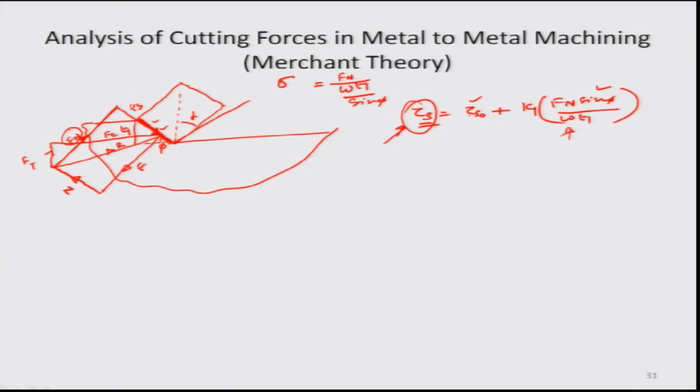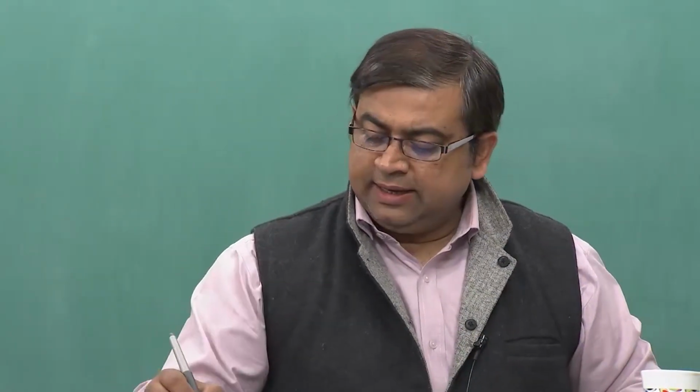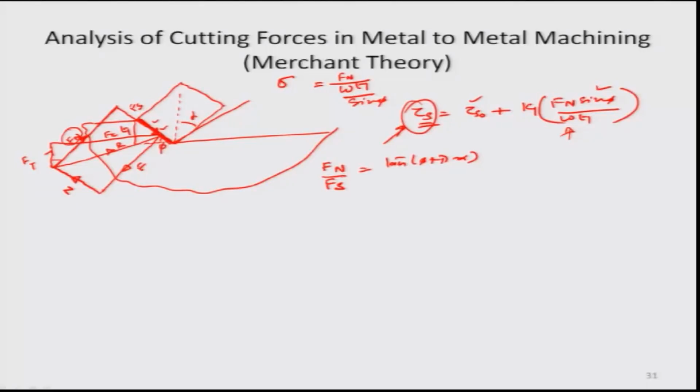So, we already know that we have a correlation between Fs and Fn, and Fs by Fn was earlier recorded to be equal to tan of phi plus lambda minus alpha. If you remember, Fn by Fs is really how to resolve it as components in this particular figure.